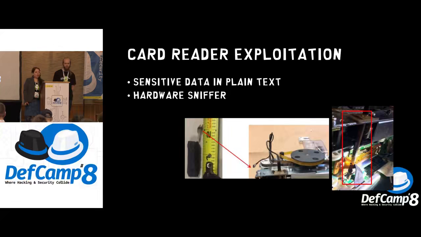One of the most common things is that attackers might use publicly available tools to intercept this traffic and obtain track 2 data in plain text.